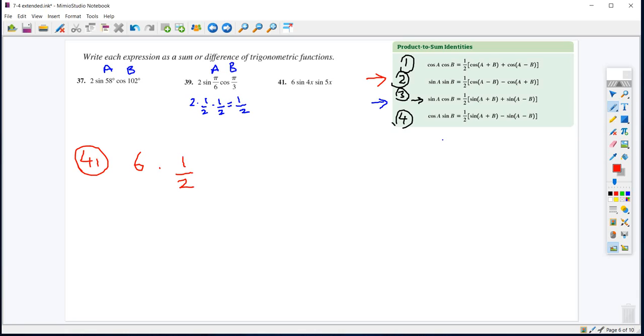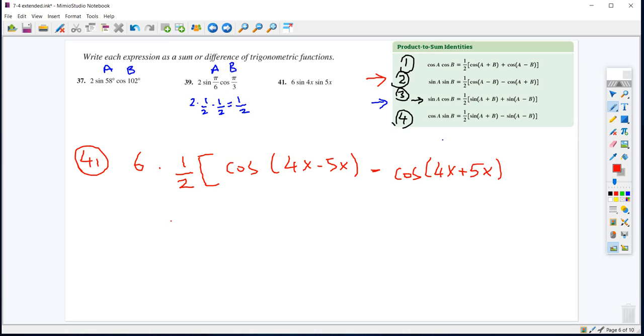1 over 2. If you follow the formula, it is now cosine a minus b, so it is just 4x minus 5x, minus cosine a plus b, that's 4x plus 5x.